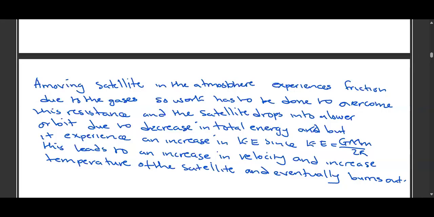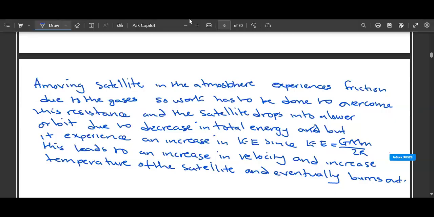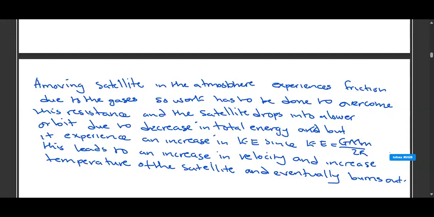And this will eventually lead to an increase in temperature, and then the satellite may end up burning up in the Earth's atmosphere. So whenever there is resistance, it leads to an increase in KE, because the satellite has to drop into a lower orbit in such a case. That is the simple explanation about the effect of air resistance on the motion of the satellite.